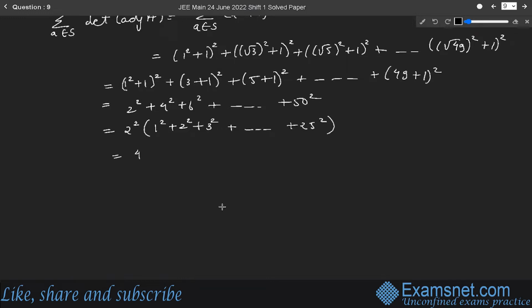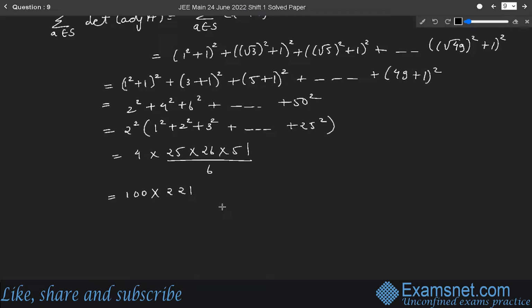So this will be equal to 4 into 25 into 26 into 51 divided by 6. On further calculation, this will be equal to 100 into 221.